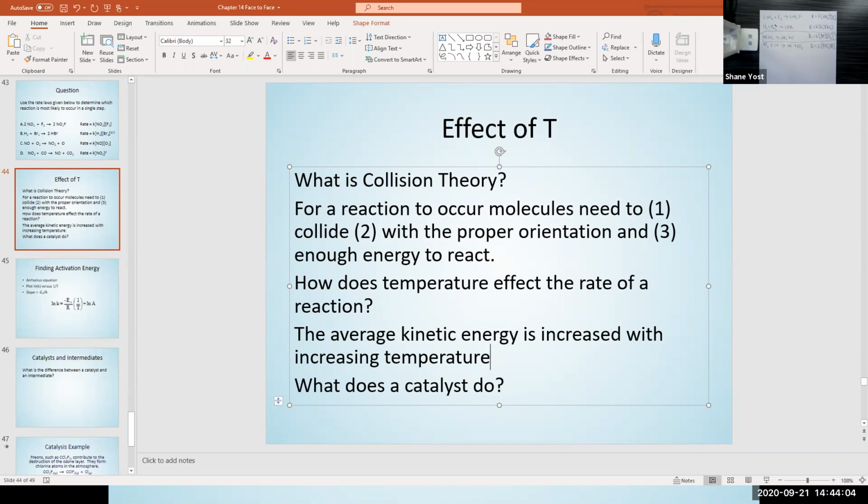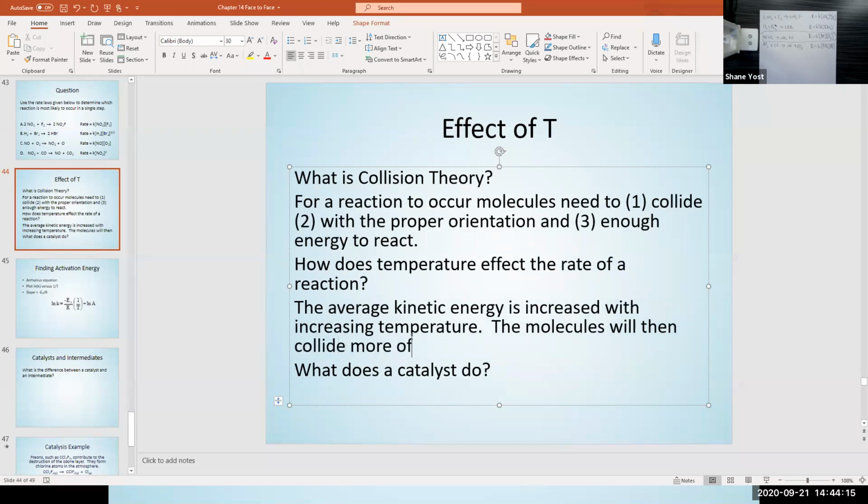And the effect of that is that, one, the molecules will then collide more often. Because if you have things moving faster, they will hit each other more frequently. Makes sense, right?